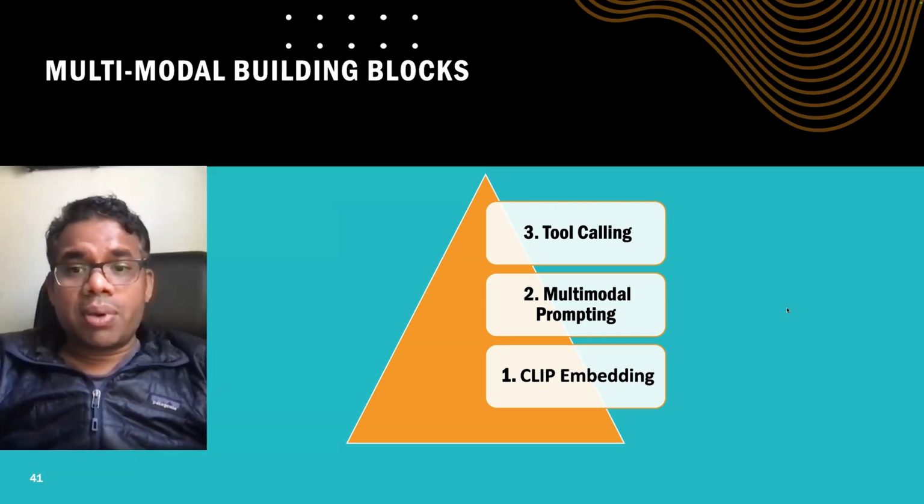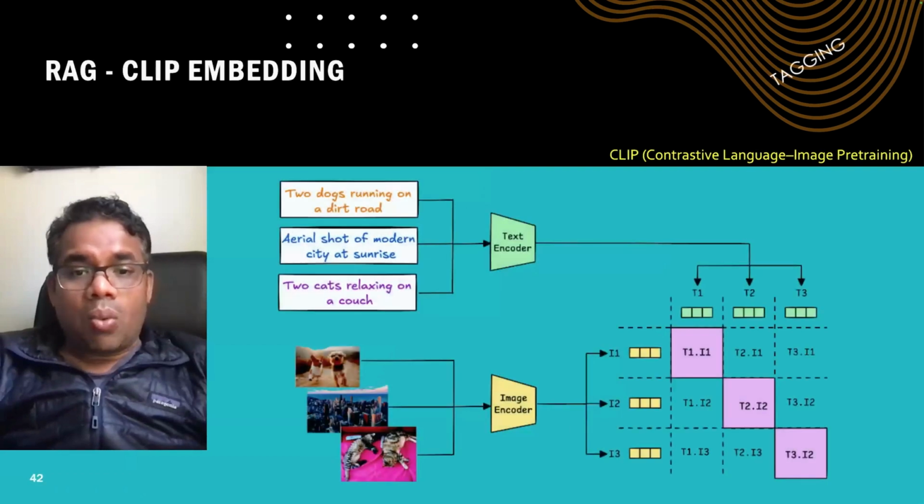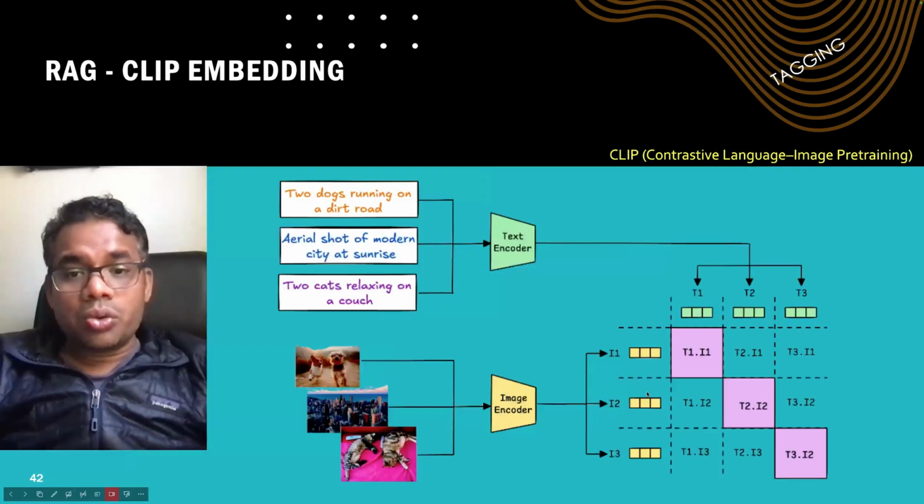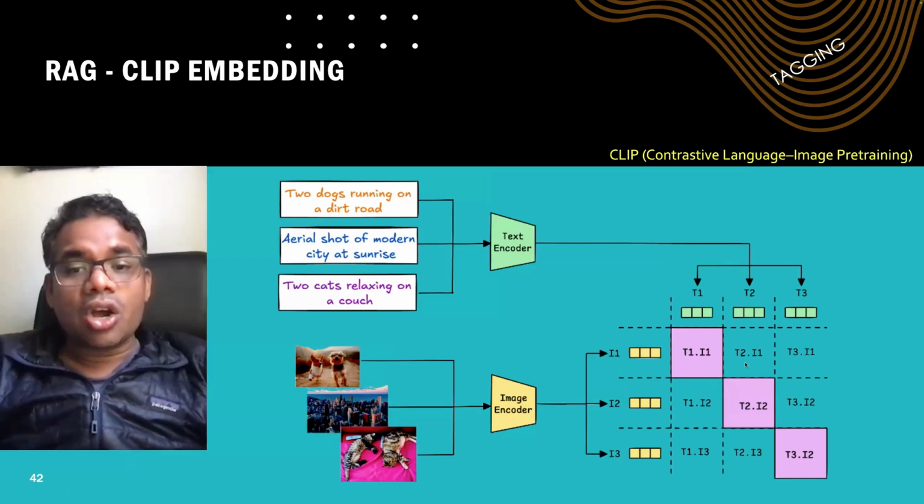So CLIP embedding, what exactly is this? These embeddings allow us to bridge the gap between image and text for efficient cross-modal understanding, right? If you see, we have one image or a set of images here, and we also have text here, right?